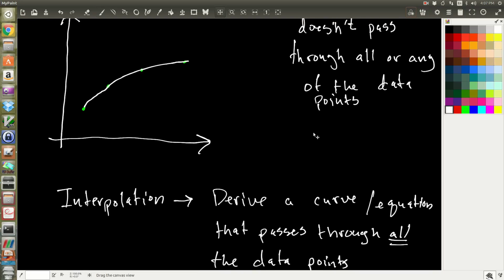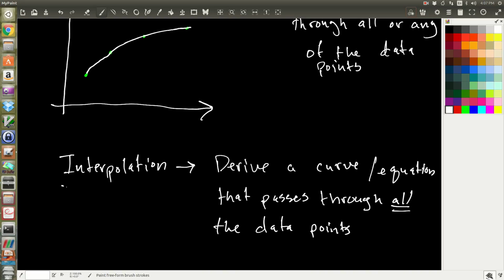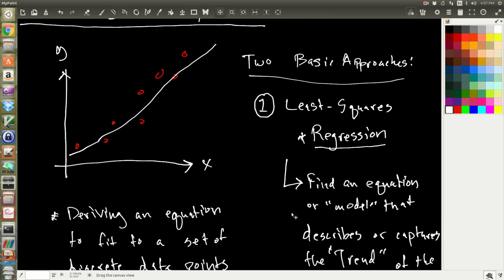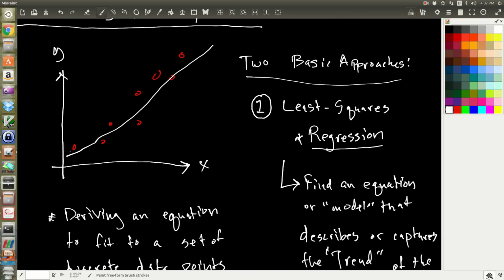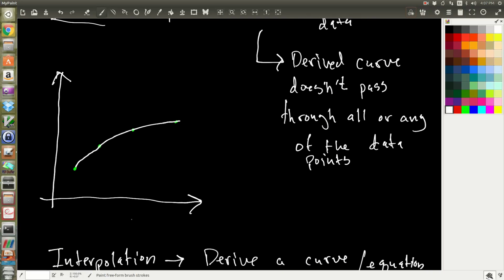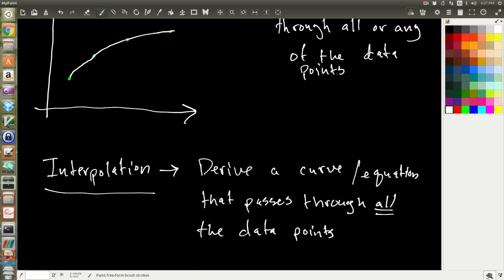Alright, so a big difference between interpolation and regression is that in regression, your derived curve doesn't pass through all the data points. It can pass through some of them, but it doesn't have to. It's not the goal. The goal of least squares regression is to capture the trend of the data, whereas the goal of interpolation is literally to pass through all the data points. And this is nice when our data is not as noisy.